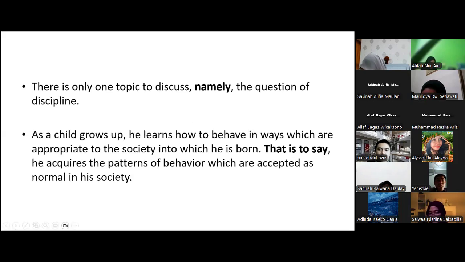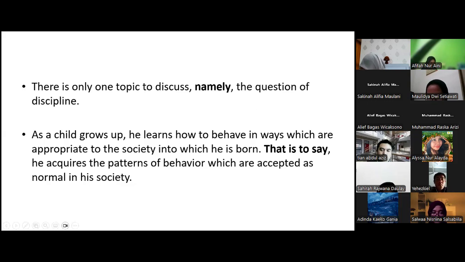Okay. Next, continue. As a child grows up, he learns how to behave in ways which are appropriate to the society into which he is born.